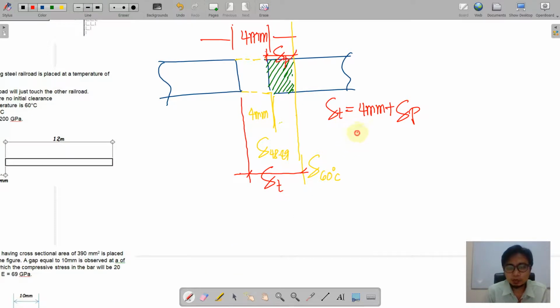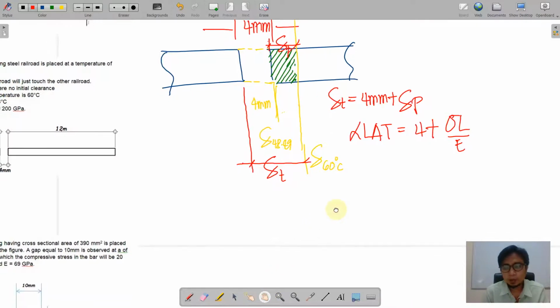This is alpha L delta T at 60 degrees Celsius plus 4, and this is sigma L all over E, or PL over AE. So in-express ko na siya sa in terms of stress, because this is the unknown in the problem.